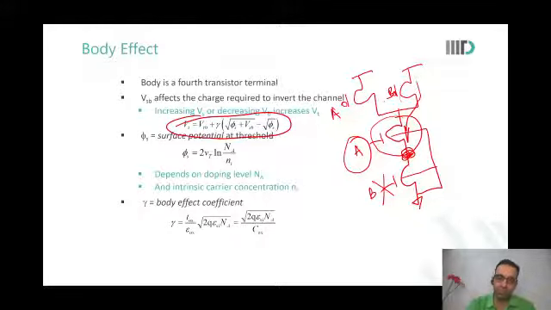Exact value we do not know. So what happens? There is a voltage between source and body that is effectively getting applied. And that is what we call the body effect. It leads to an increase in VT and therefore a reduction in leakage. It is also called the stack effect.